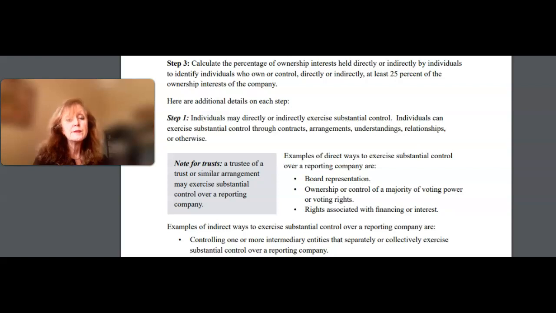Ownership or control of a majority of voting power or voting rights. So we're looking at voting rights. Who in the company has voting rights? Because with voting rights, you exercise control. And then rights associated with financing or an interest.